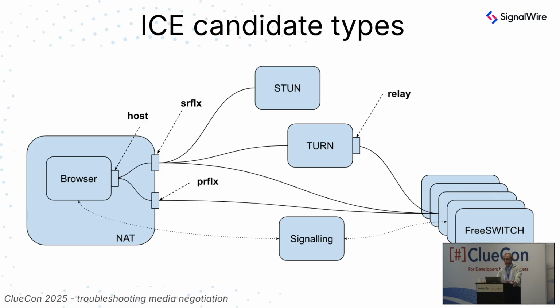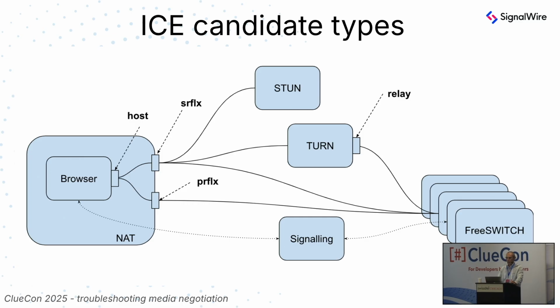So it's the candidate types. The browser, which you can imagine in any NATed or even multiple NATed network, has the ability to discover local candidates, the so-called host candidates, so IP addresses that are directly accessible.